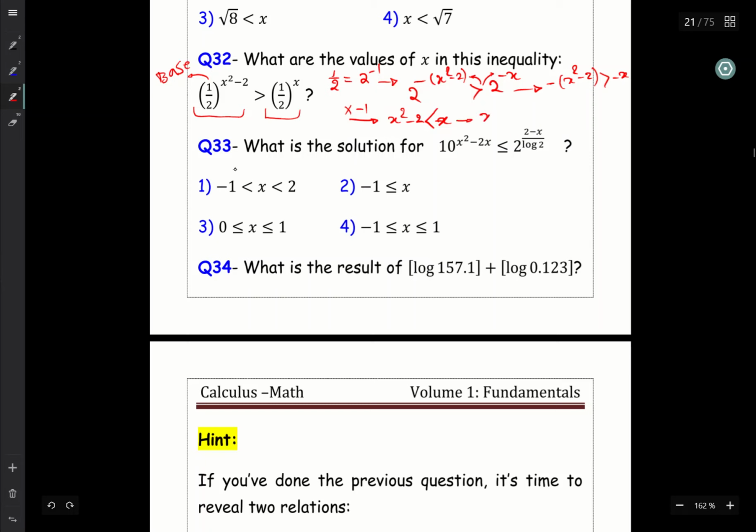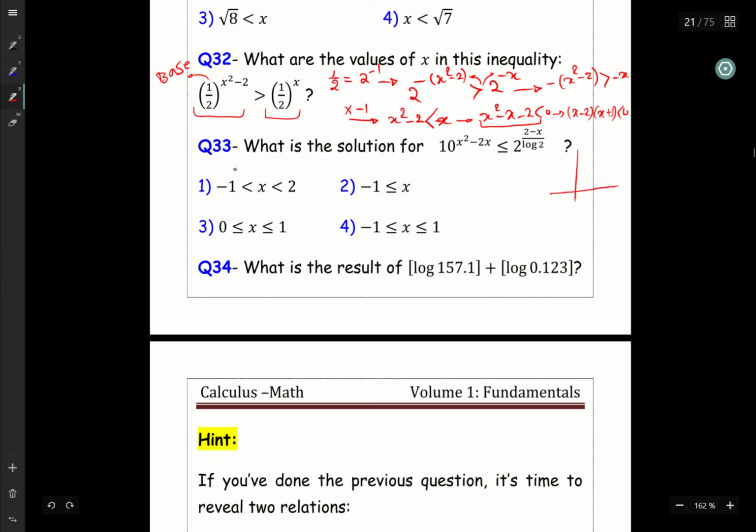And therefore x squared minus x minus 2 is less than 0. If I factorize this quadratic form, which we will study in more detail, it becomes (x minus 2)(x plus 1) is less than 0, okay?